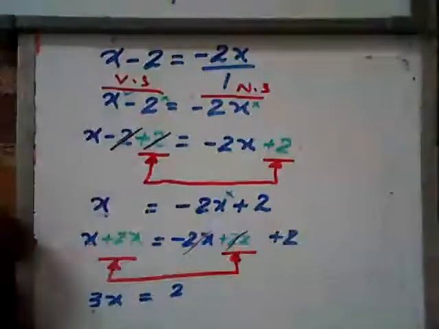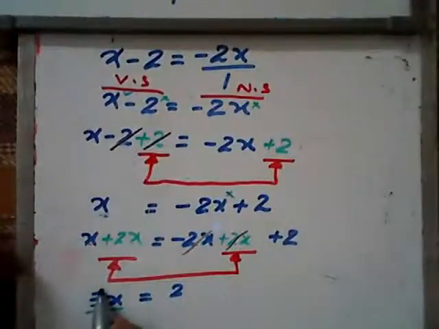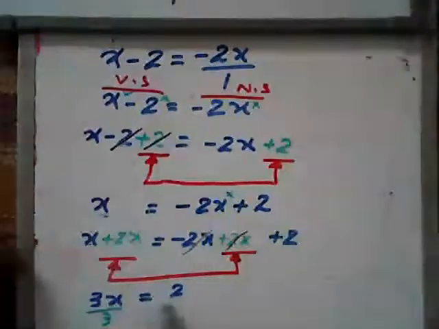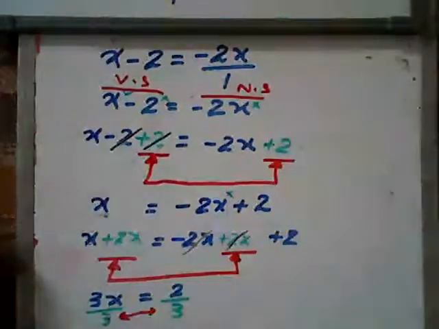Now we may remove this by dividing by 3, because the number is also still there. Then to make it balanced, we do the same on the other side: divide by 3. Now this can be simplified.